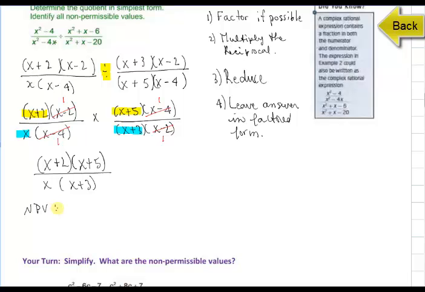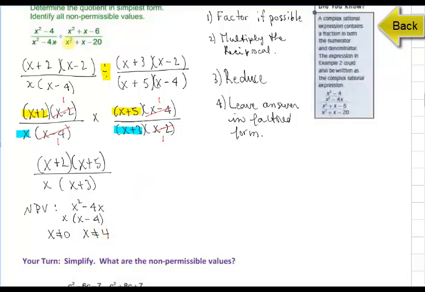So what we want to do is take a look at our original denominator. So we have x squared minus 4x, and we will factor that. We've already done that up here, so you can just do that again here. And we can see that x cannot be 0 and x cannot be 4.